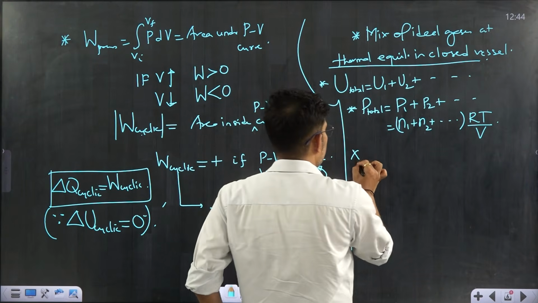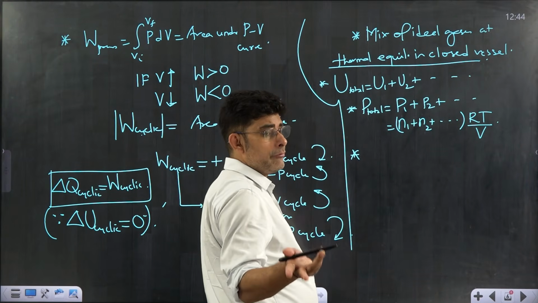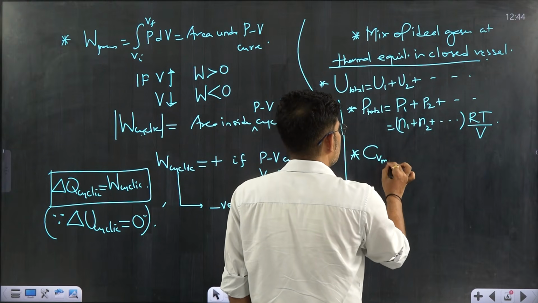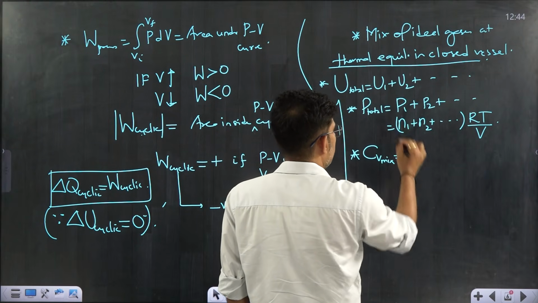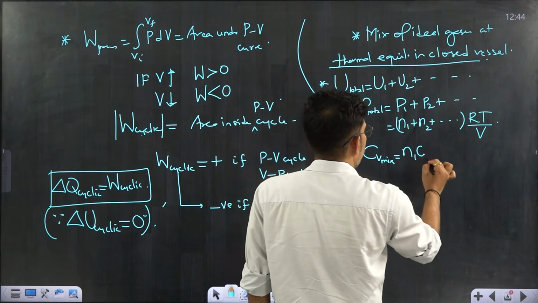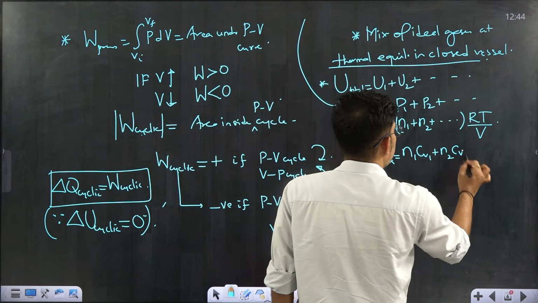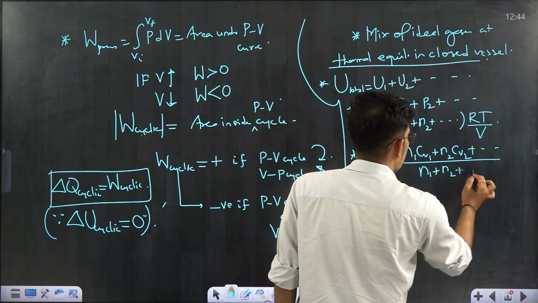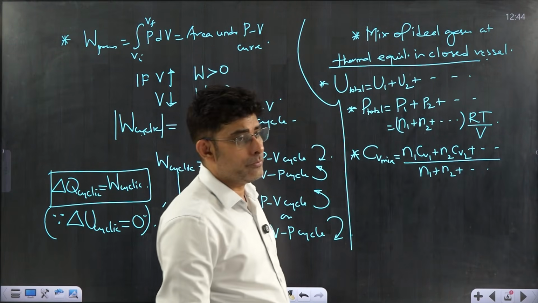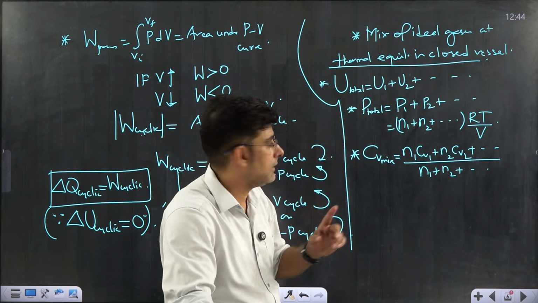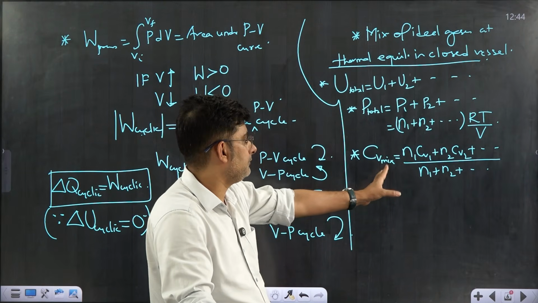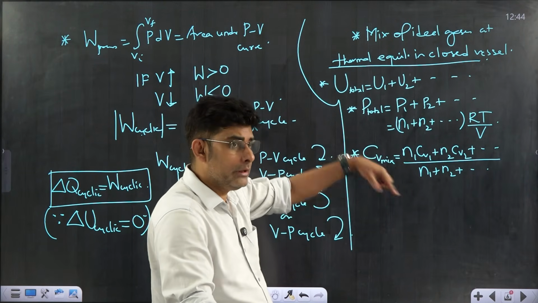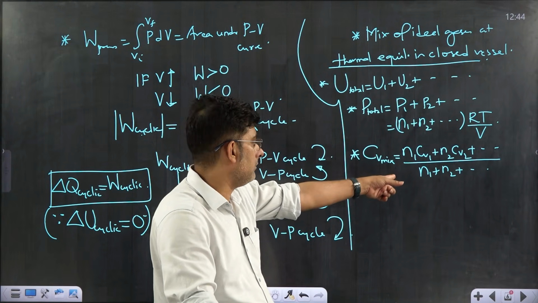Apart from that, they will ask you Cp, Cv, gamma, degrees of freedom of the mixture. Very simple. Cv of the mixture, when you use the internal energy formula, it comes as N1 Cv1 plus N2 Cv2 plus so on, divided by total number of moles. If you remember in thermal properties of matter, last lecture, we had discussed that and I told you that we will discuss that part in thermodynamics.